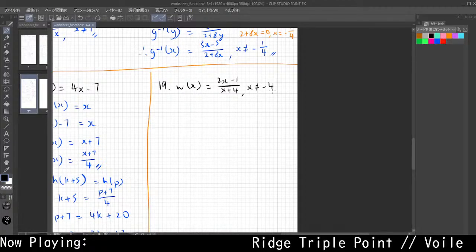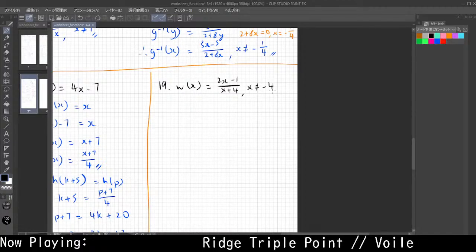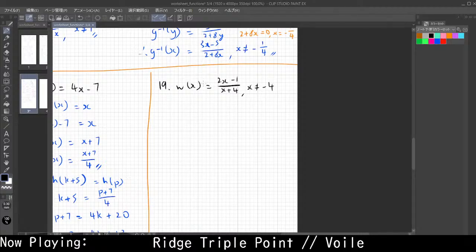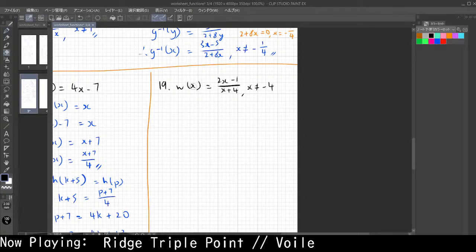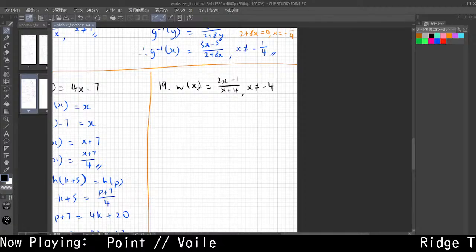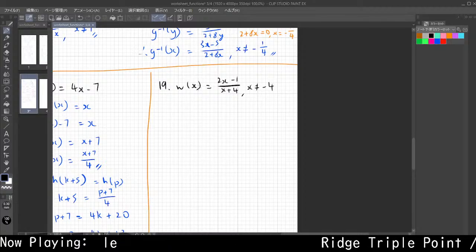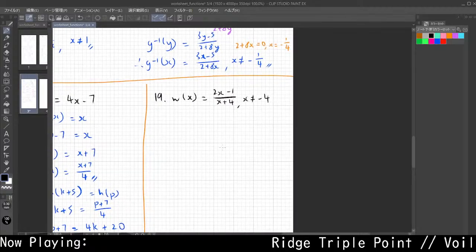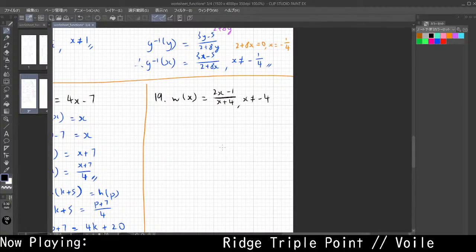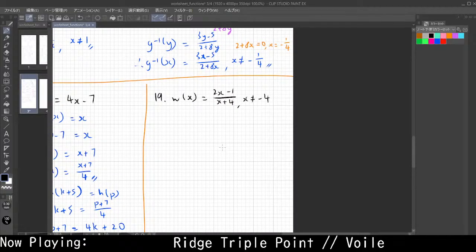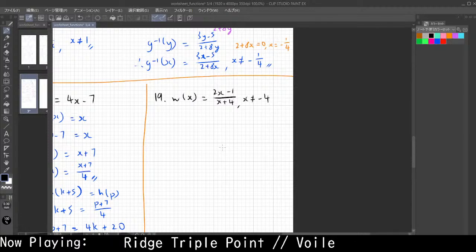Find W inverse of 5. For this type of question, you don't actually have to explicitly find W inverse itself because the question doesn't ask you to. You can still find W inverse and substitute 5 into it, it's just that there is a simpler way.